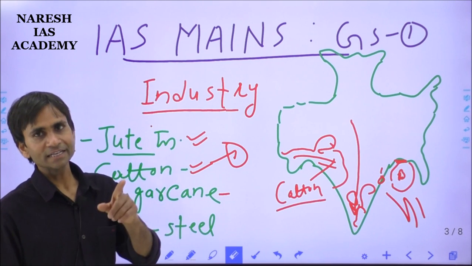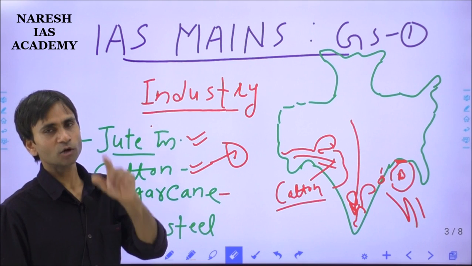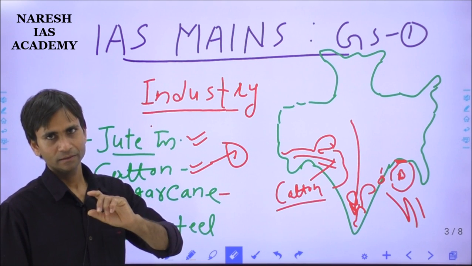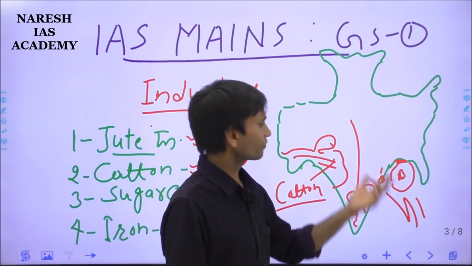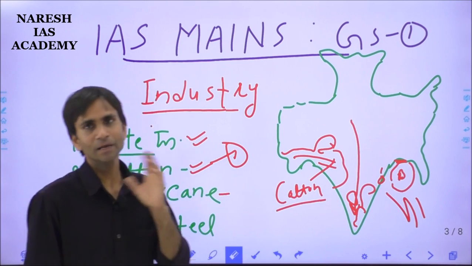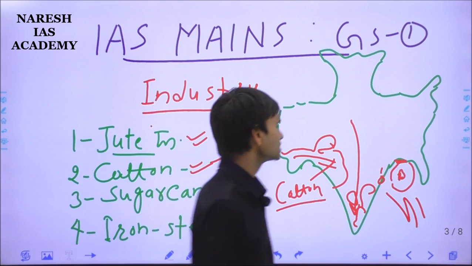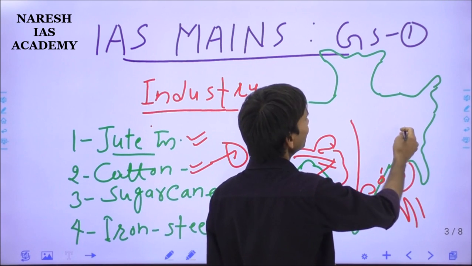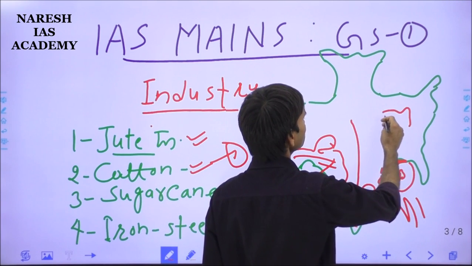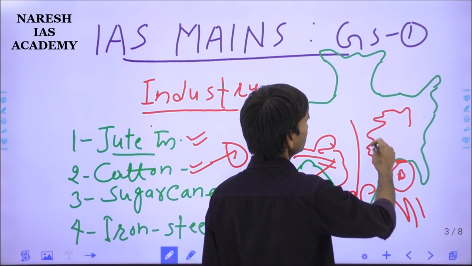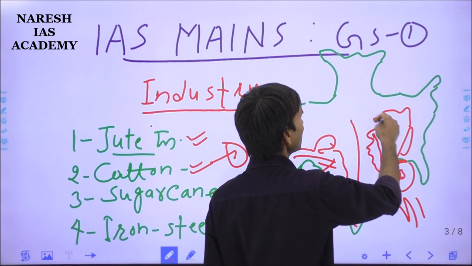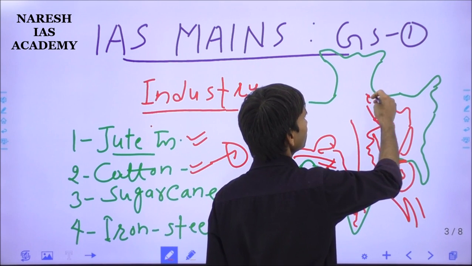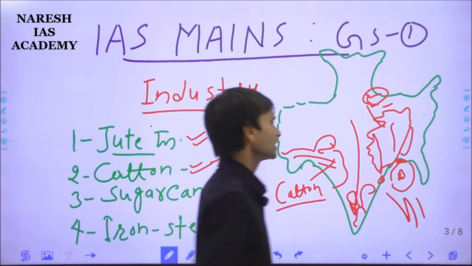One factor is that the steel industry requires raw iron, coke, coal, flux and labor, and this is abundant in West Bengal, Jharkhand, Bihar, some parts of Chhattisgarh and Odisha. So this is the wealth for the iron and steel industry.